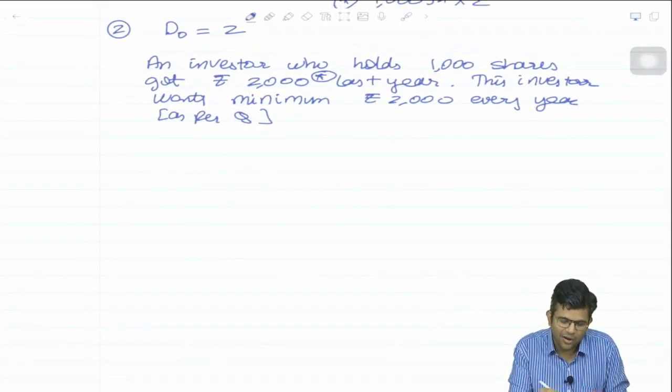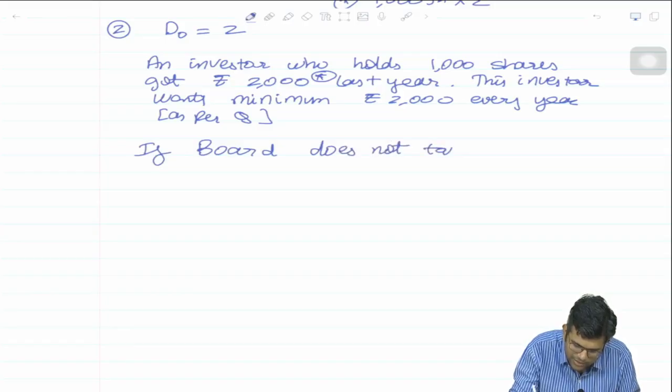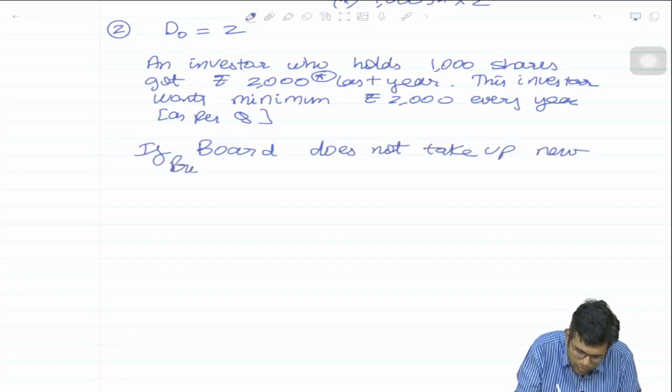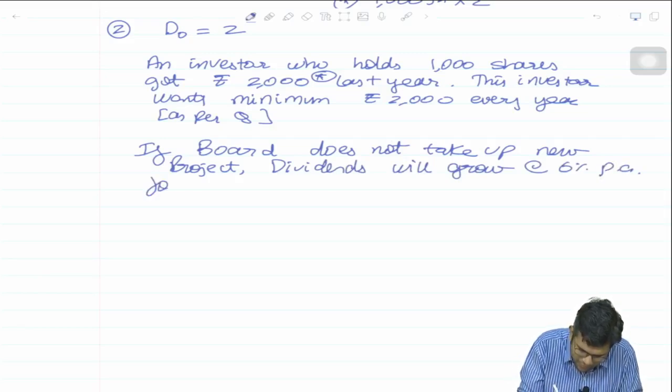Ready? Now, I am saying, if the board does not take up a new project, dividends will grow at the rate of 6% per annum forever.